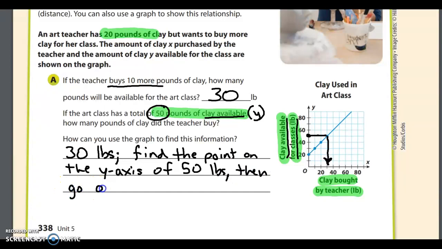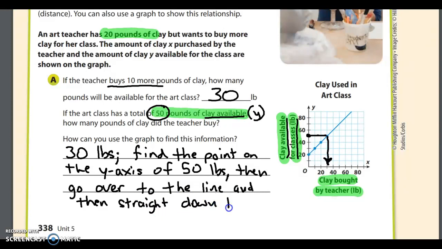Then go over to the line and then straight down to the x-axis. So I'm going to review what I did there. I found 50. I put a dot here, and then I traveled over to the line, and then I traveled straight down to the x-axis, and the number that it's pointing at on the x-axis is my answer.